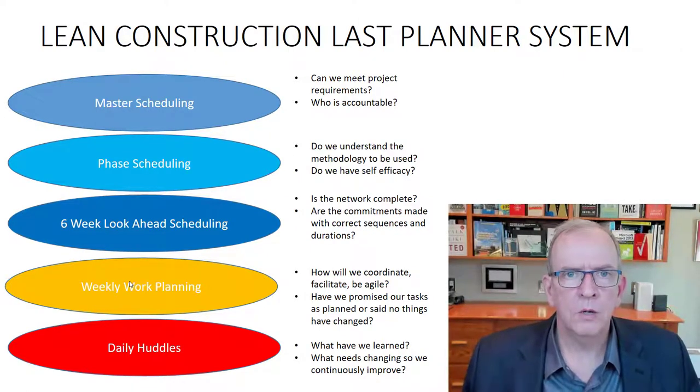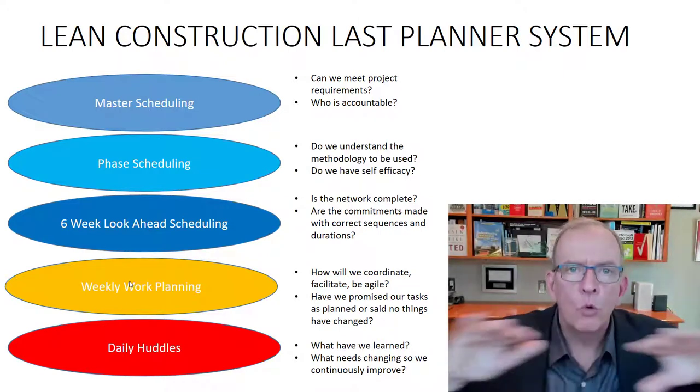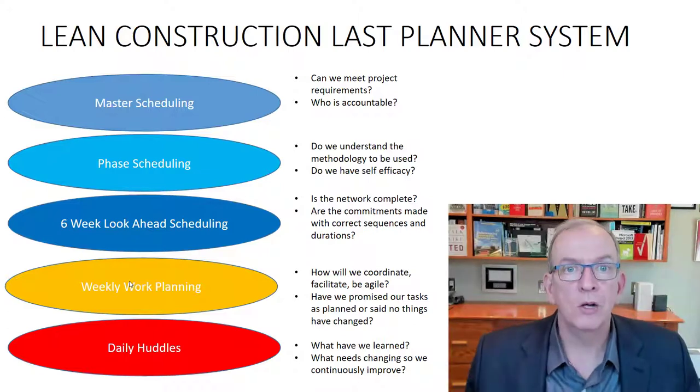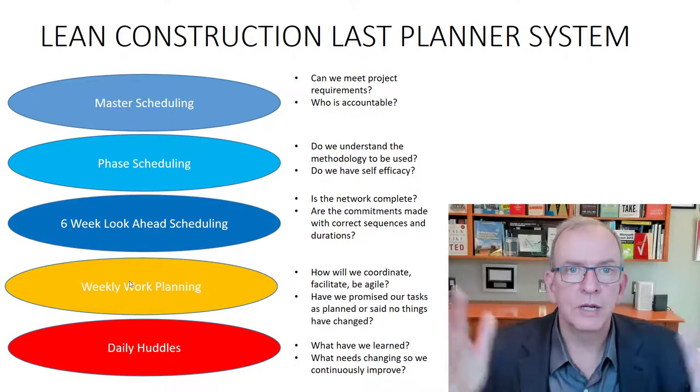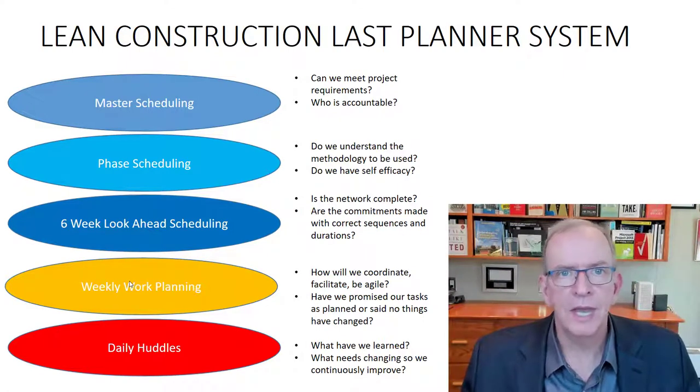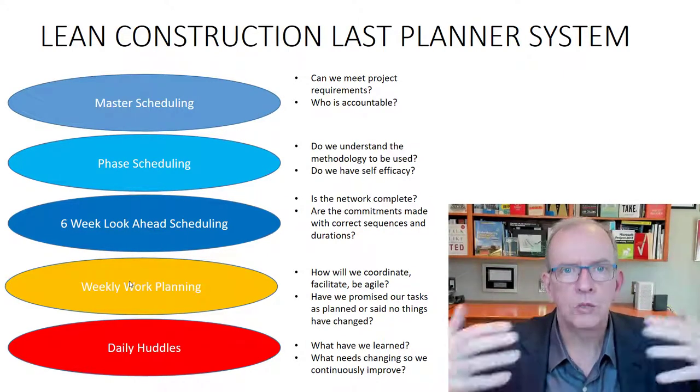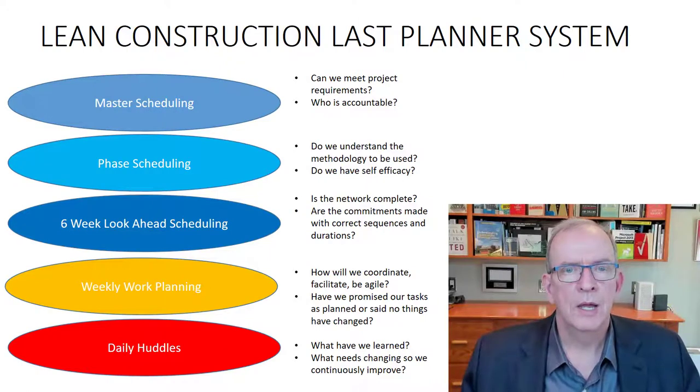You want to think about Kawhi Leonard a few years ago with the Toronto Raptors, that would be a good example of really coming in and working on that collaboration aspect to raise everybody up to optimize for the project. And you know what? Then everybody wins. Everybody wins. We don't have a series of winners and losers, and in construction end up with claims and litigation, and then everybody loses. Last Planner system is trying to get that collaboration that we haven't had in the construction industry going.